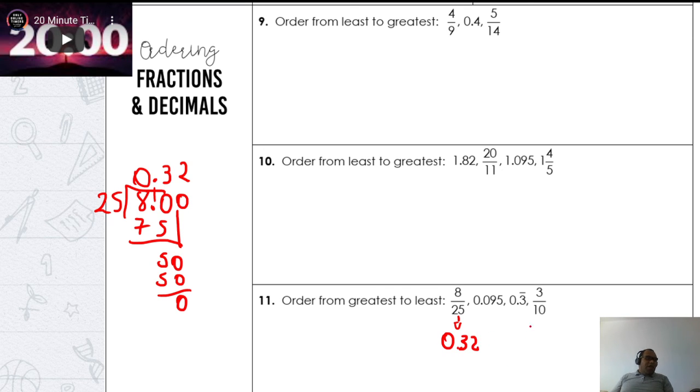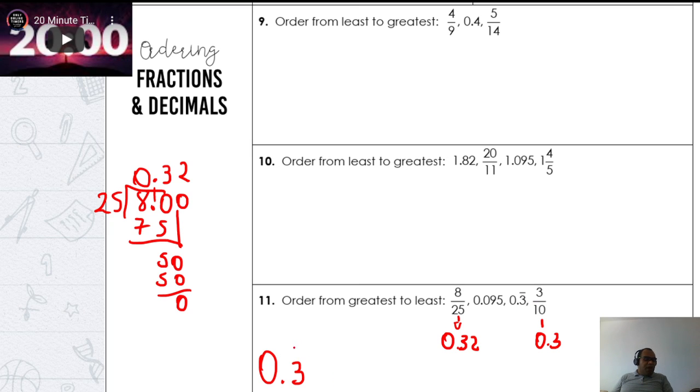0.32. And 3/10, I can write this as 0.3. Pretty simple. Greatest to least. Who is the greatest over here, guys? The greatest is the biggest. The biggest one is 0.32, or 32 hundredths. What is the next? I think it is a repeating pattern, 3, 3, 3, 3. Oh no, sorry guys, my bad. Who is the biggest?